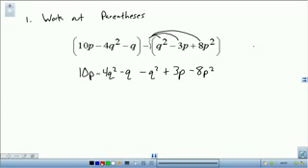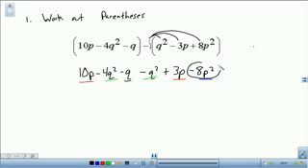Now I look for like terms. Here's a p and here's a p. There's a p squared, no other p squareds. There's a q squared and a q squared, and then there's just a q. So I'll start with the highest I have first, and that's the negative 8p squared.